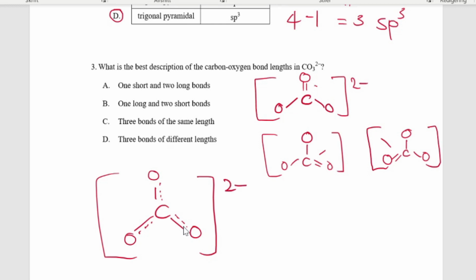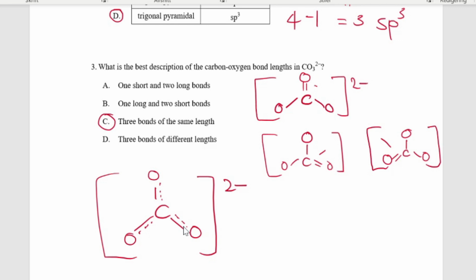So our answer: A is 1 short and 2 long bonds, B is 1 long and 2 short bonds, and C is 3 bonds of the same length. So C is our answer.